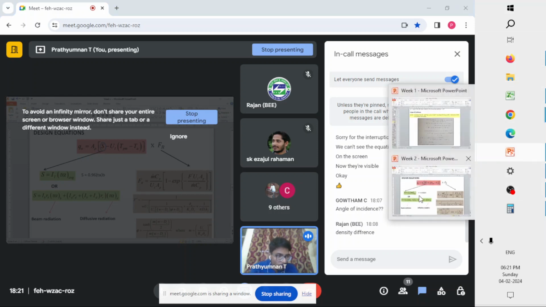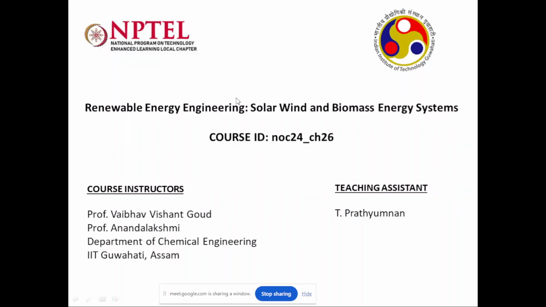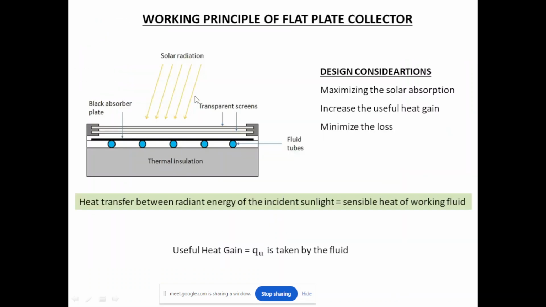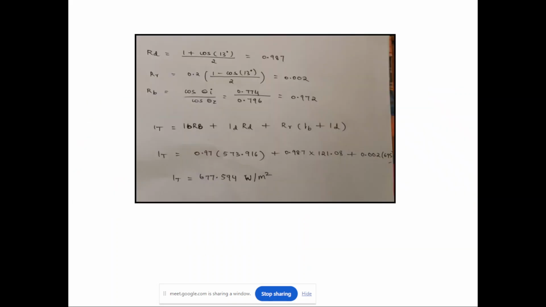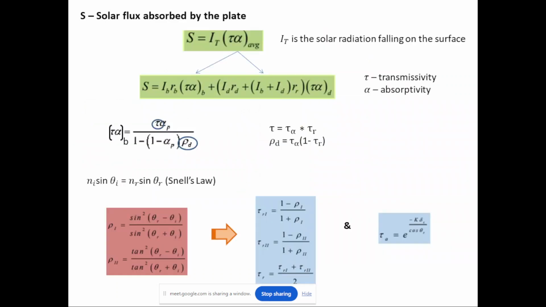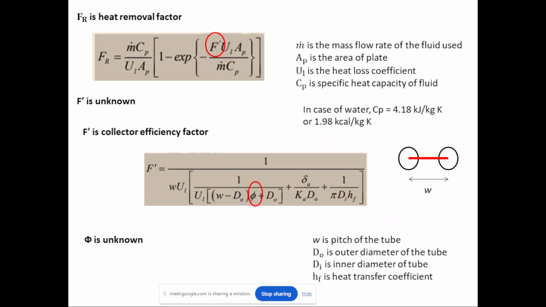Please let me know, because these equations are very important, as these are the design equations. If we do not have a good understanding of this, then we might not be able to solve the other things. That is the reason I am keeping it here for some time, so that if anybody has any questions related to this, please let me know now.